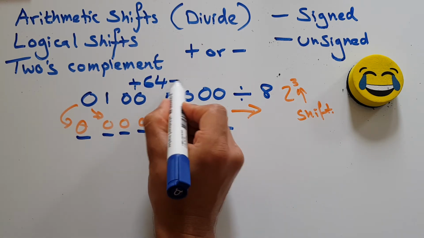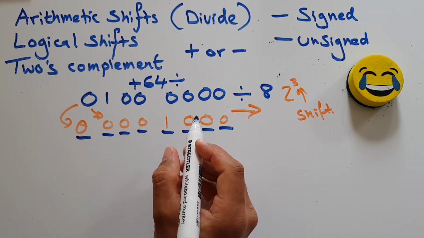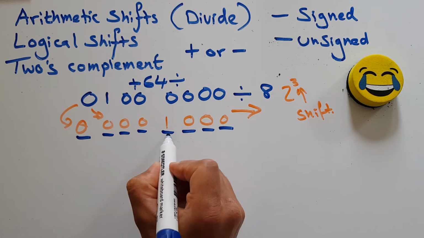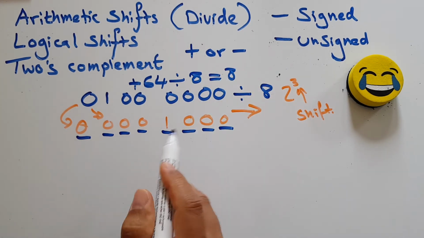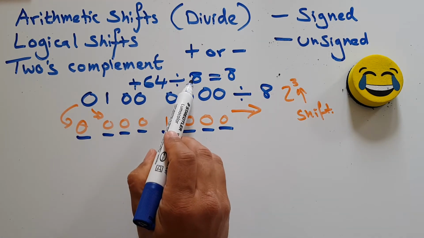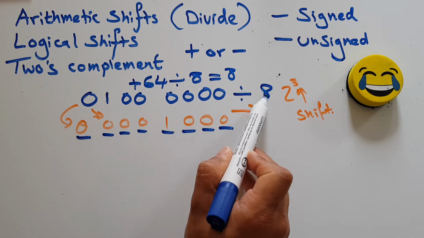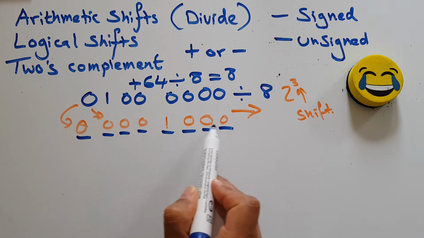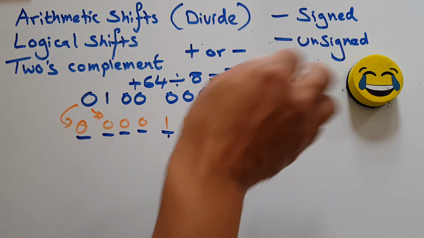Positive 64 divided by 8, well, look at the answer, it's 8. Okay, so 64 divided by 8 equals 8. The binary for 64 divided by 8 equals the binary for 8. Why? Because only the 8 is switched on. Okay, that's it. Let's do another one.